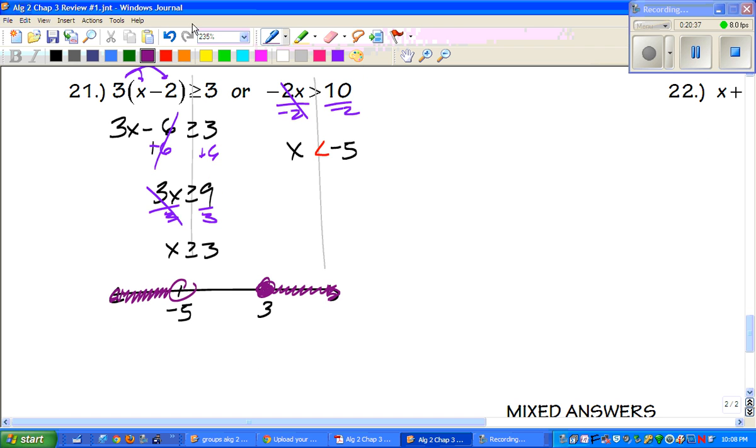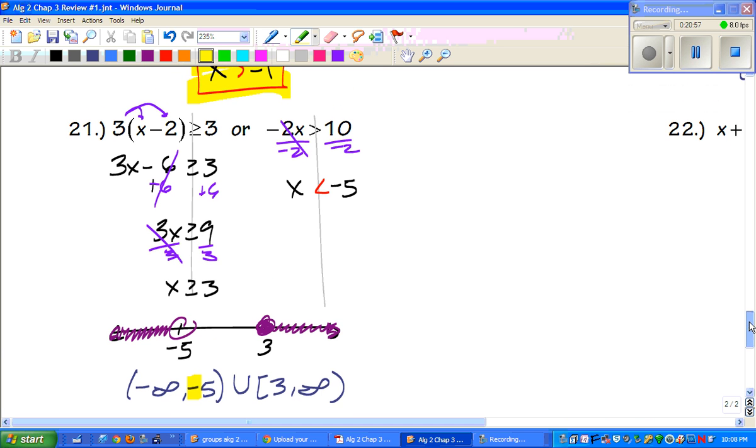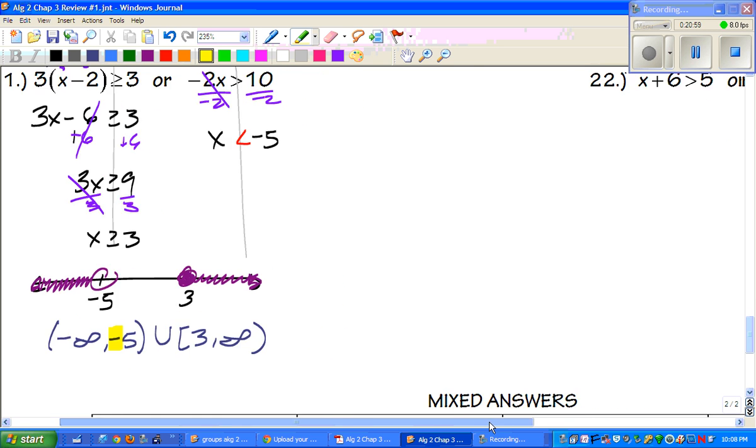Okay? So putting that in interval notation, starting with the left, we start at -infinity to -5, and that's an open circle, union, close parentheses 3, to +infinity. Okay? Now that little negative sign was left off of your answers on the bottom. Please forgive us, but that is the correct answer.